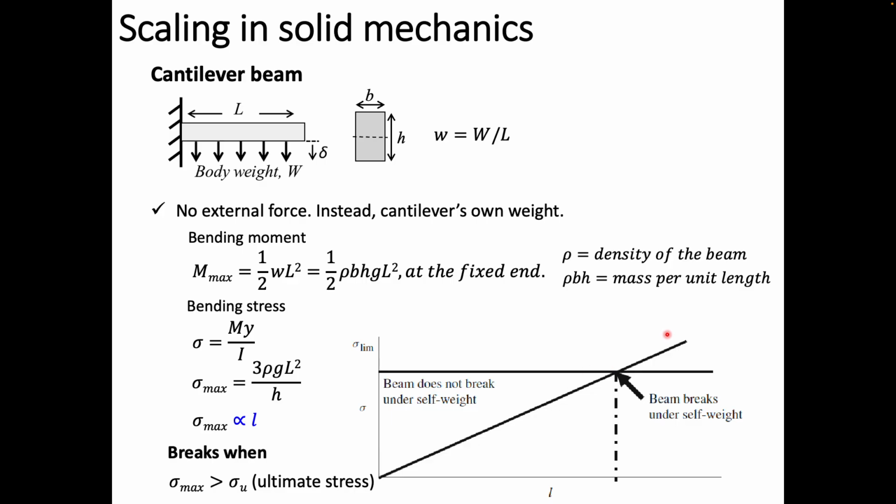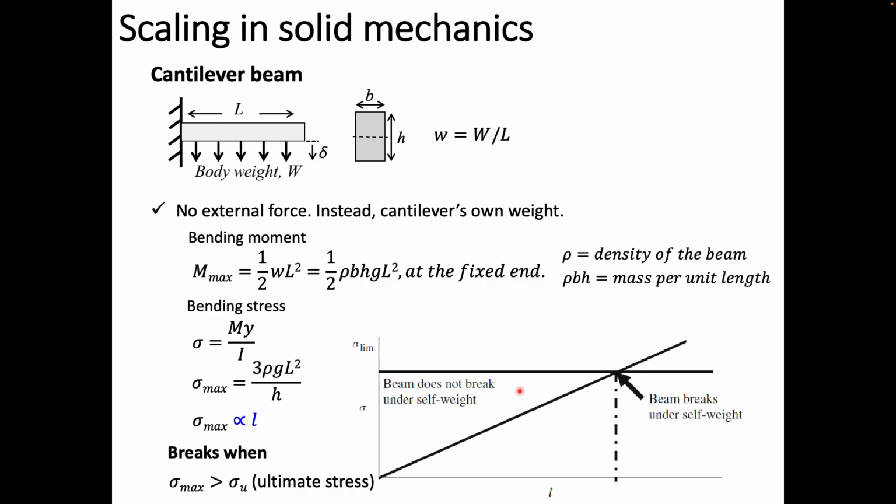But we also already learned that a material can fail when it exceeds the ultimate stress, which is a material property. So as you scale up, there will be a point given by the ultimate stress, and let's say this is the ultimate stress given for this material type.